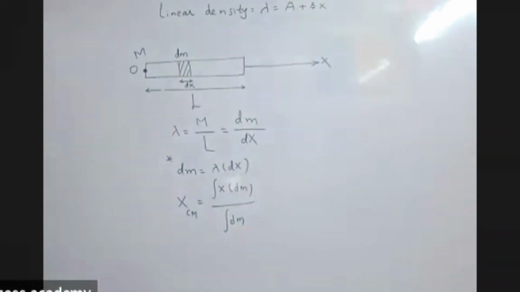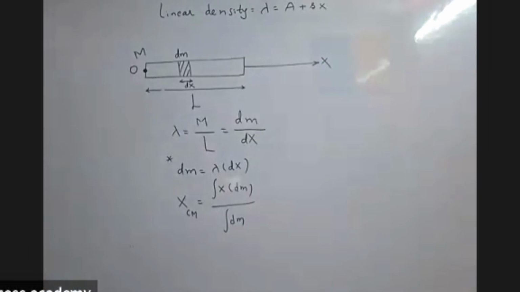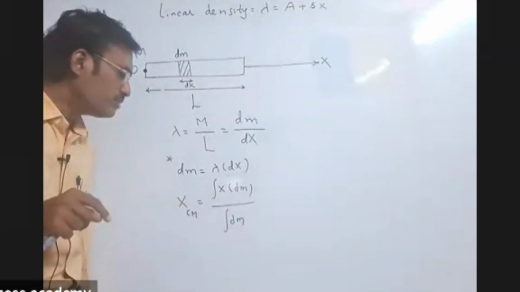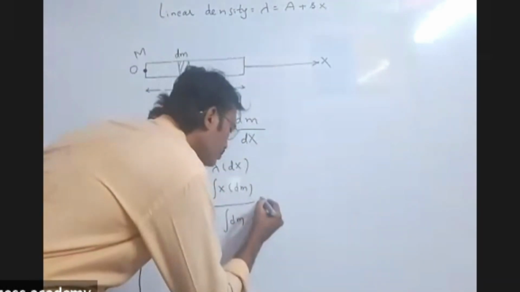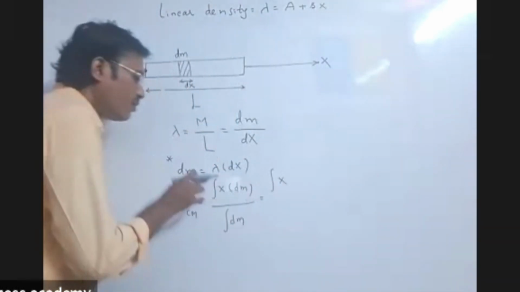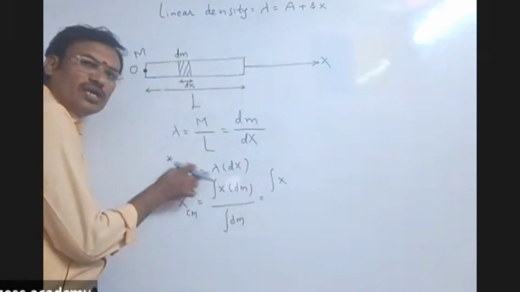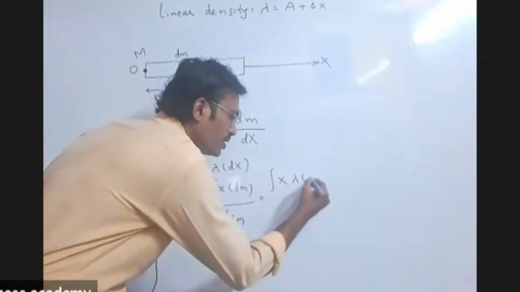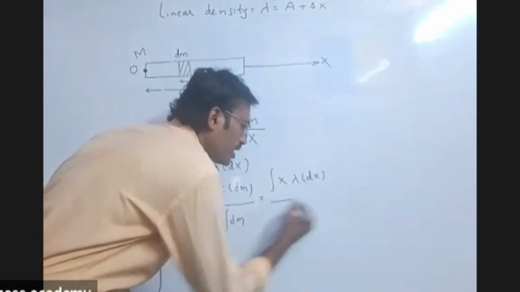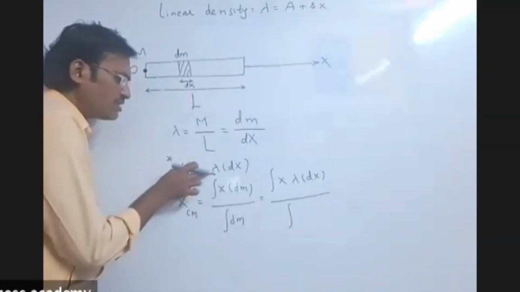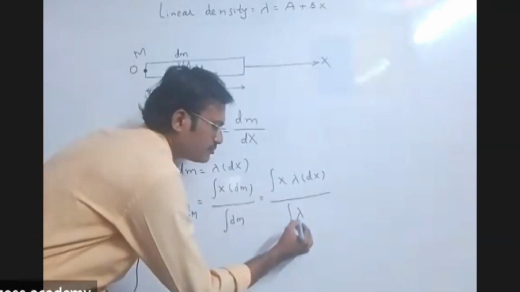So here I am taking this formula, xcm is equal to integral x dm by integral dm. What is the dm? Dm is lambda into dx. Substitute that: integral x lambda dx by integral dm. Dm is again lambda into dx.